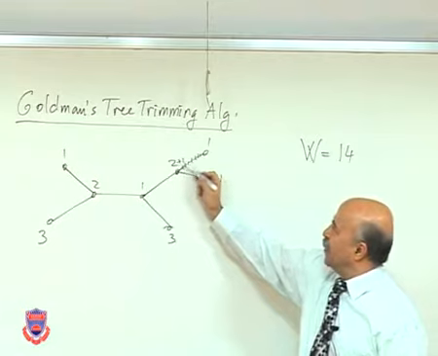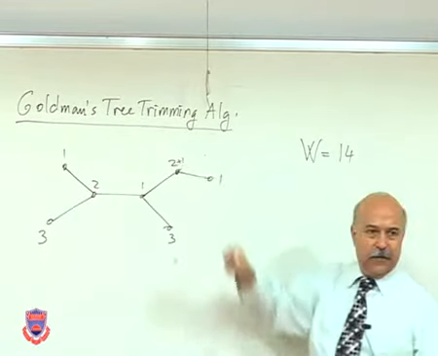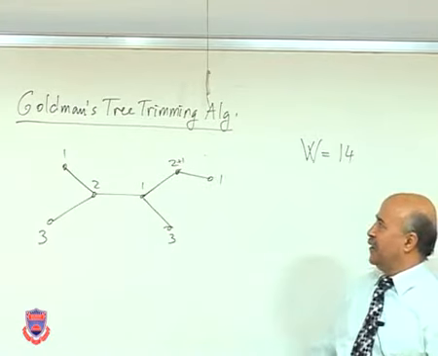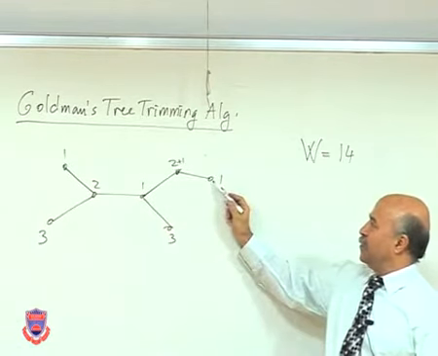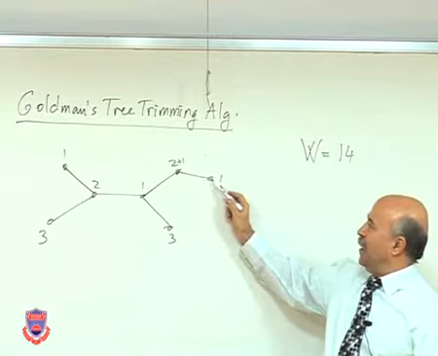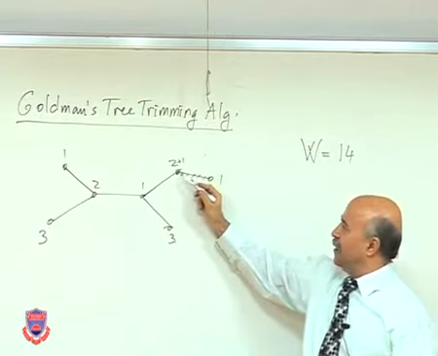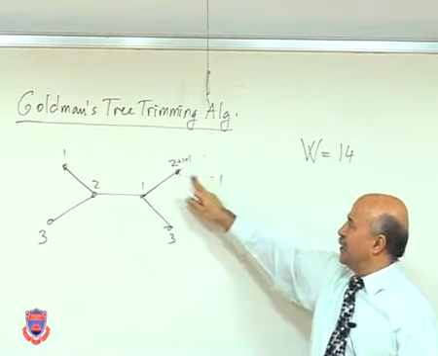Nevertheless, that weight is not gone. When you drop this, you want to account for that as if it's still there. It's attached here, so you add that weight to this one, and then you pick another tip vertex such as this one, and this is one. So you just remove this again and add its weight to that.